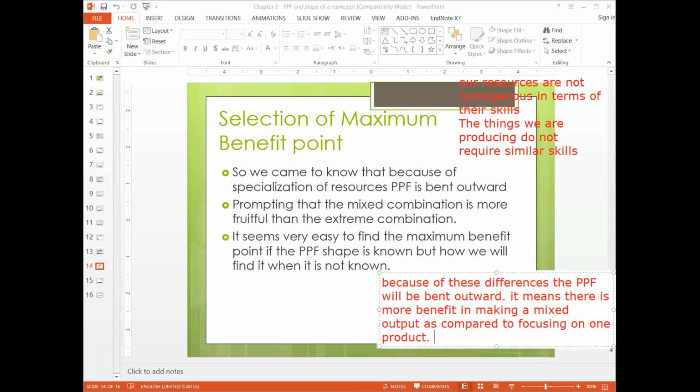So this was the topic, that it is bent outward because the skills are different. If you produce one product, the labor which do not have the relevant skills will not perform very well. So if you stay within the limit, it will help you to produce more. So it means the center output is better than the corner outputs.